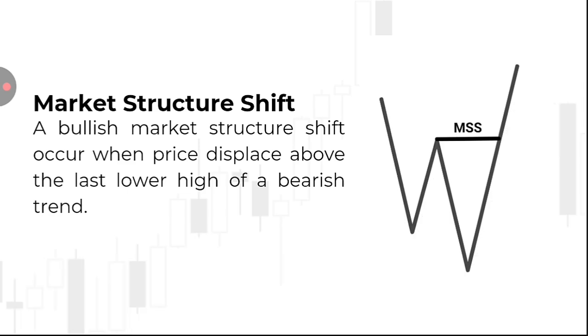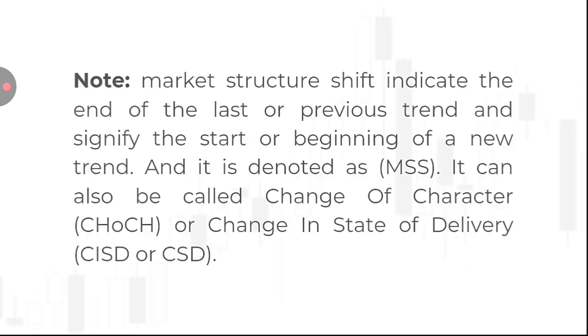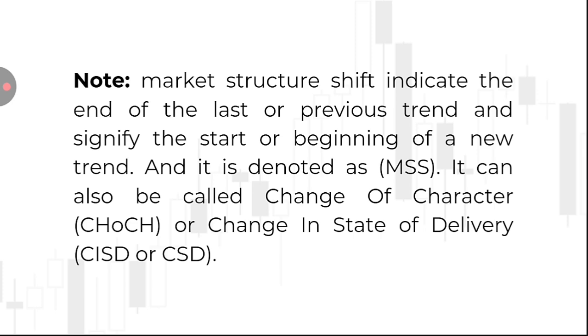So you have to note: market structure shifts indicate the end of the last or previous trend and signify the start or beginning of a new trend, and it is denoted as MSS. It can also be called change of character, which is denoted as CHOCH, or change in state of delivery, CISD or CSD.